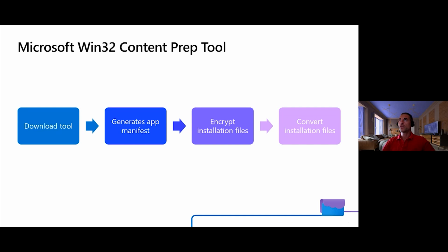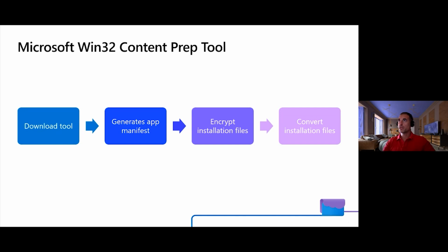This Win32 content preparation tool then generates an app manifest that will tell the app what the files are and how it has to be installed. Then it encrypts the content, compresses the content, and generates a new file with the extension of .intunewin.